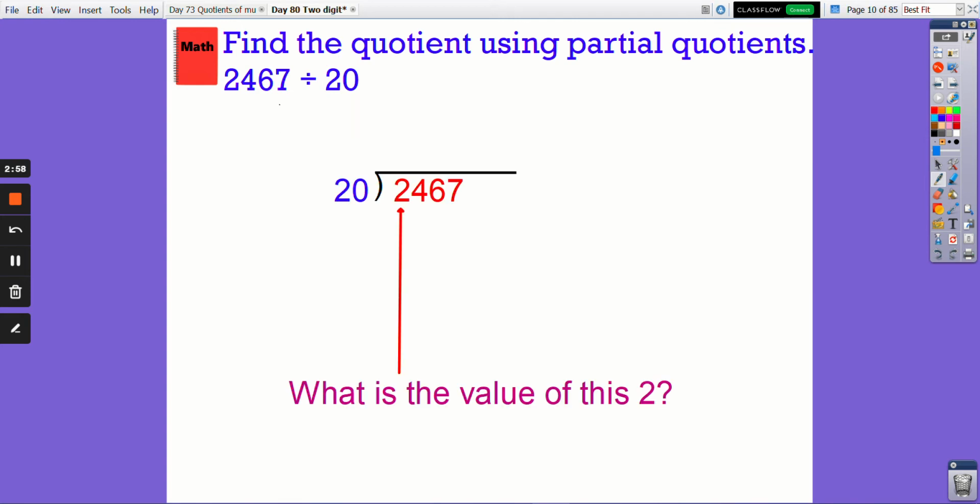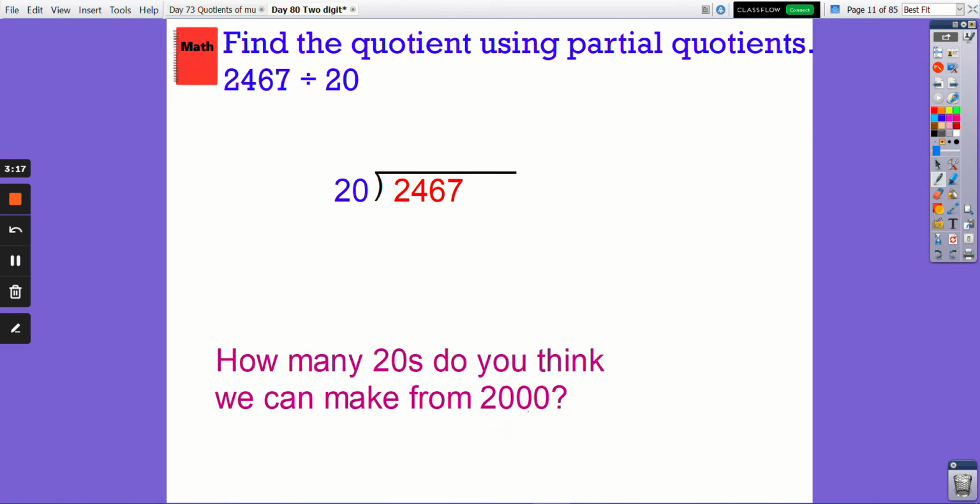So let's set it up as a division problem. 20 is our divisor, and we're going into 2,467. That 2, we want to know the value of it. It's really worth what? 2,000, right? So partial quotients: you're asking yourself, how many 20s can I take from 2,000?